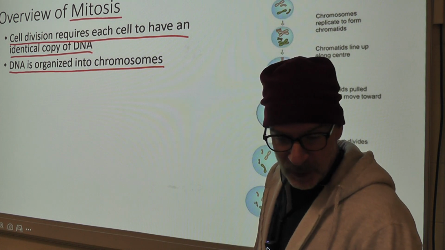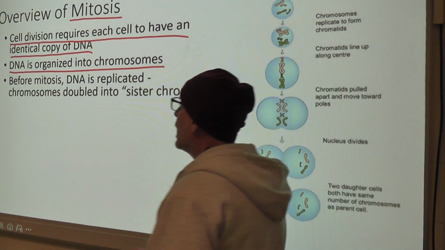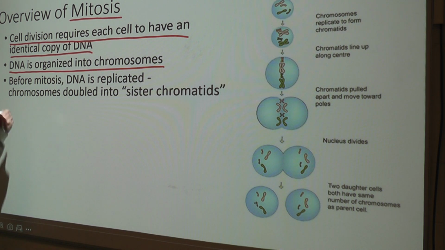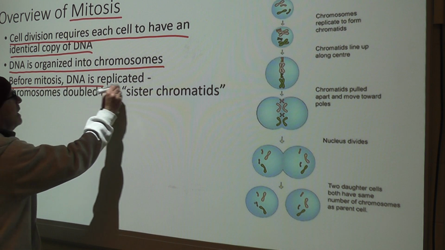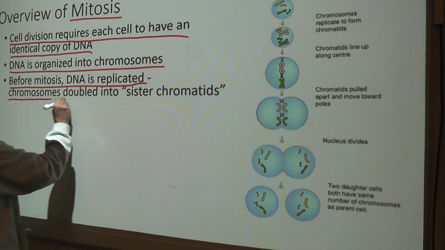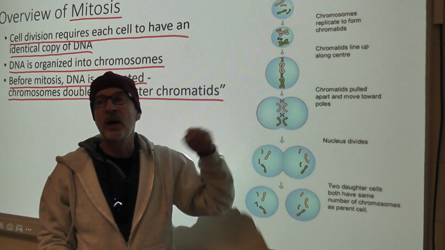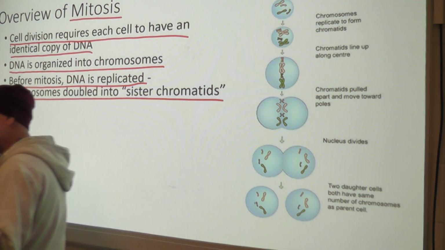But they won't. Okay, when mitosis occurs, and we'll come back to this, so you can write this down, but when we come back to it, you'll see some diagrams and stuff. When DNA is replicated, those chromosomes, when they're in this X form, are composed of what we call sister chromatids.